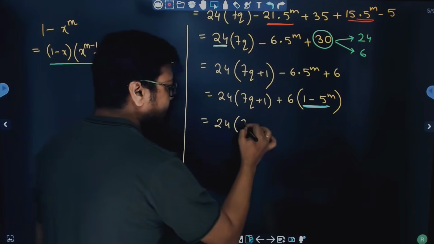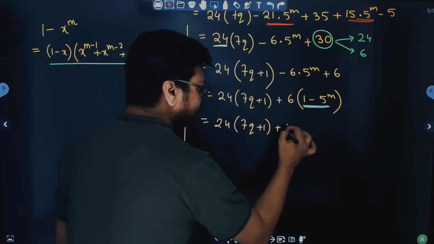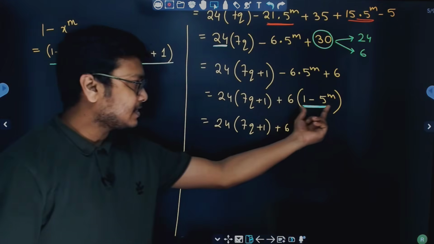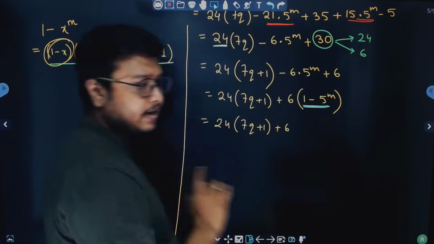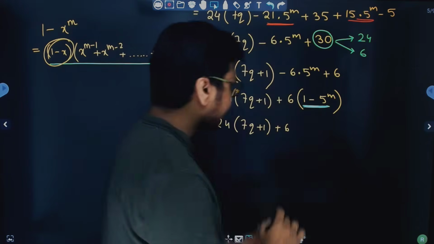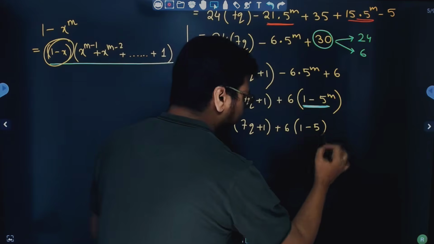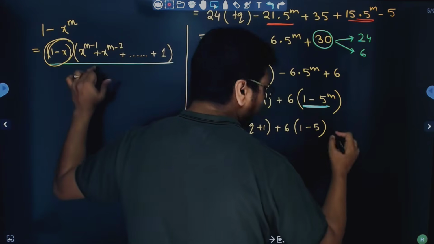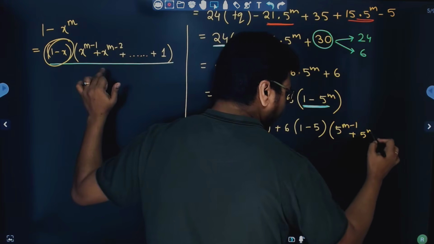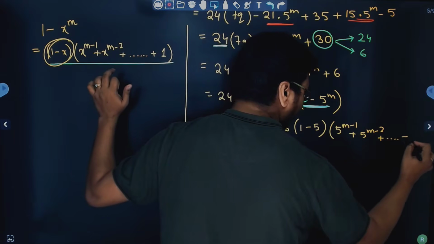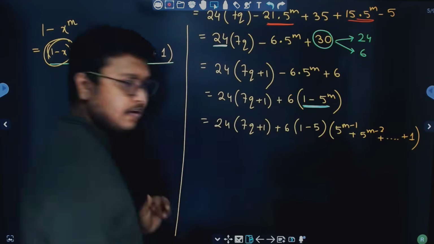So 24 times 7q plus 1 plus 6 times. Okay, so 1 minus x to the power m, I will have a 1 minus x factor, right? A 1 minus x factor, that would be a 1 minus 5 times, I will have x to the power m minus 1, which is 5 to the power m minus 1 plus 5 to the power m minus 2, all the way down up till 1, right?